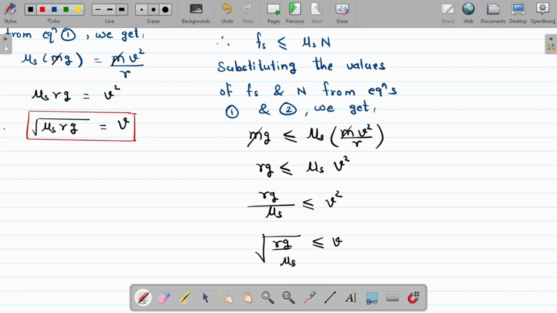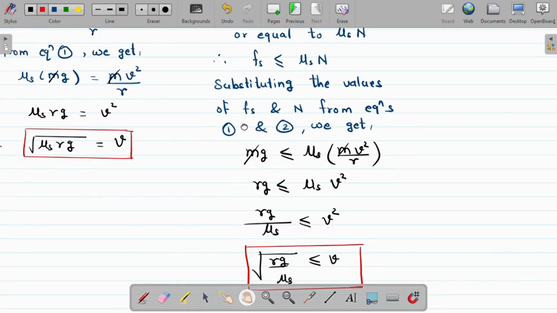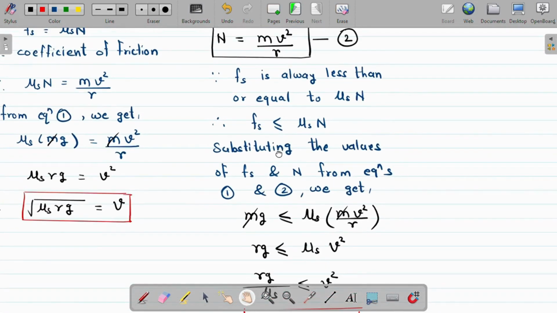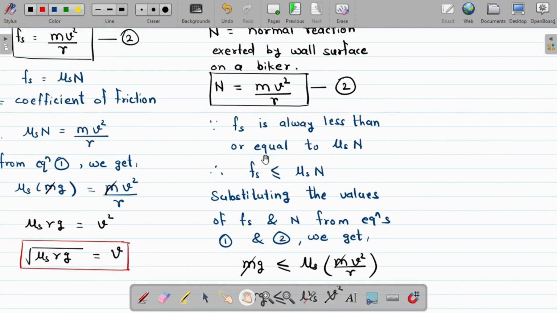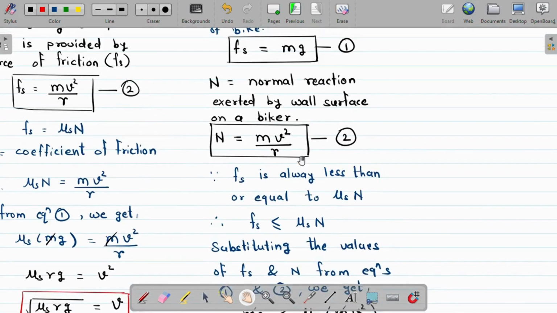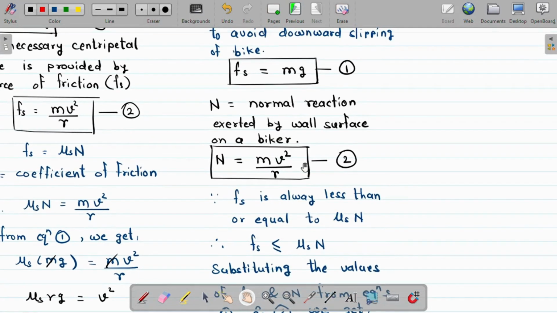So these are two important derivations regarding a vehicle being driven on the curved surface of the vale of death or wall of death.